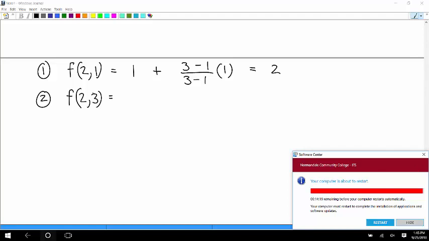So f of 2, 3, that's going to be f of 1, 3, which was 9, plus f of 3, 3 minus f of 1, 3, which was 27 minus 9, divided by 3 minus 1, times delta x. And so that's 18 minus 2, 9. So we get 18 for this one.